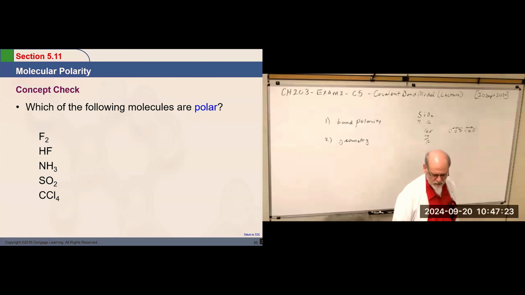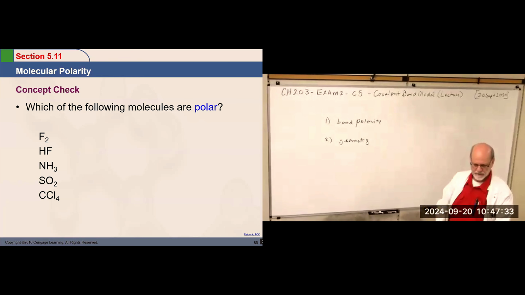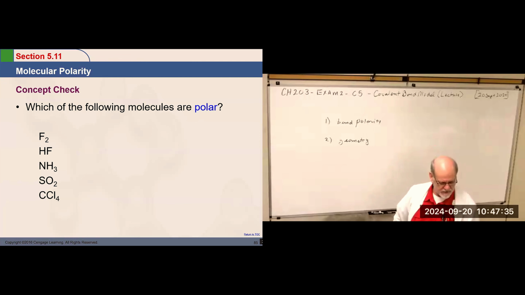Which of the following molecules are polar? Well, if you're in the middle of a test and you're trying to answer a question like this, look at the question. If it says, which of the molecules are polar? Look at your choices, which are absolutely not polar. The ones where you're bound between two of the same element, like fluorine, is nonpolar, right?